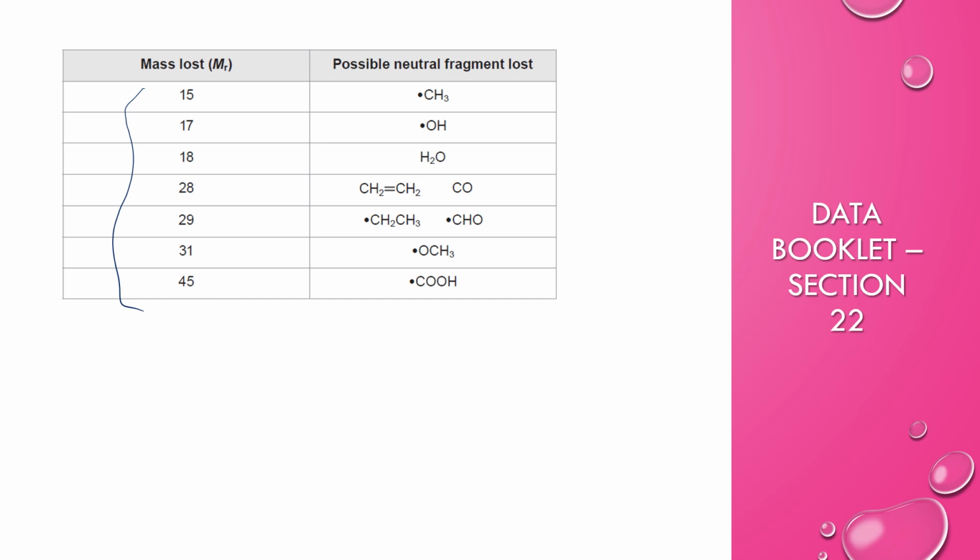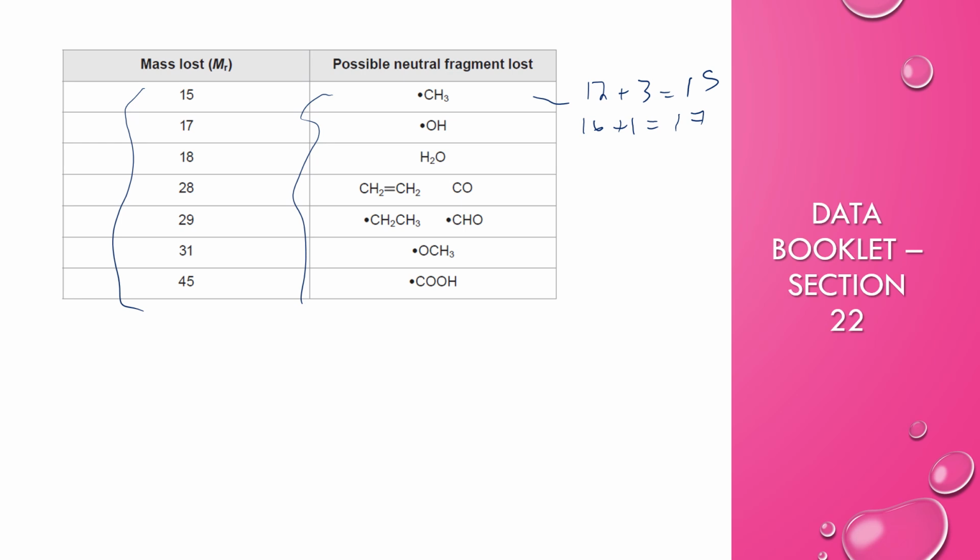It just saves time, because if we look at a CH3 fragment, that's 12 for carbon plus 3 from hydrogen gives us 15. Hey, that's the same. Or oxygen is 16 and hydrogen is 1, that gives us 17. So again, it's just to save you a little bit of time. If you see these numbers, it's likely to be this fragment that's listed.